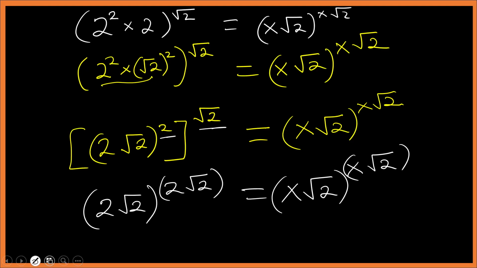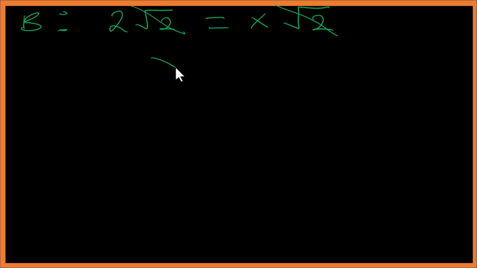Now let's observe the left hand side and the right hand side carefully. All right, so when you observe the bases, look, we have 2 times square root of 2 equals x times square root of 2. So taking the bases, 2 is the same as x. So this one will cancel, so my x is 2.